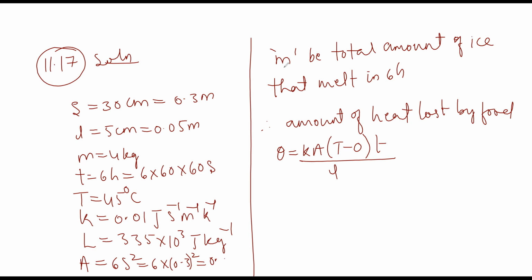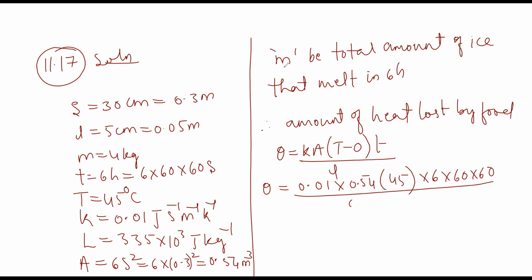So after simplification, we got the surface area of the box as 0.54 meter square. For θ, we substitute K as 0.01, A as 0.54, T as 45 minus 0, and the small t value as 6 into 60 into 60 seconds, divided by L, which is 0.05.